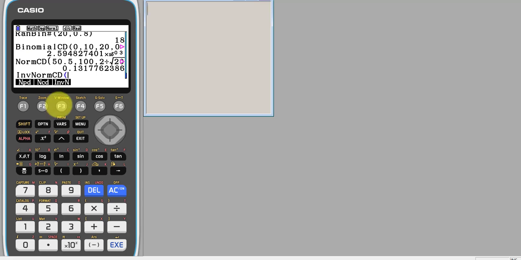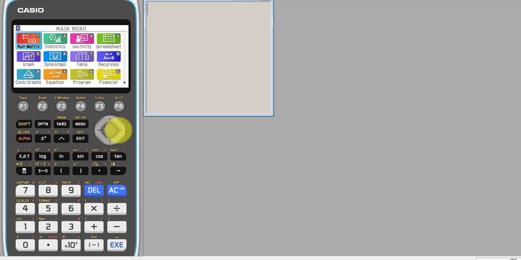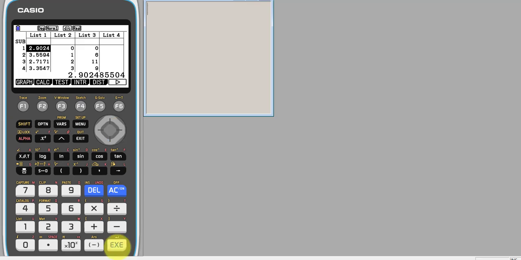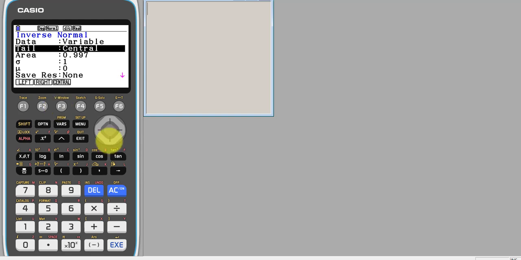Actually I don't know the syntax for that, so I'll go across to statistics, then distribution, normal, inverse normal there. I want it to be central, I want it to have 0.98 of the data, sigma 1, mu 0, and I get 2.32 as the value that I'm going to use for my z-score.